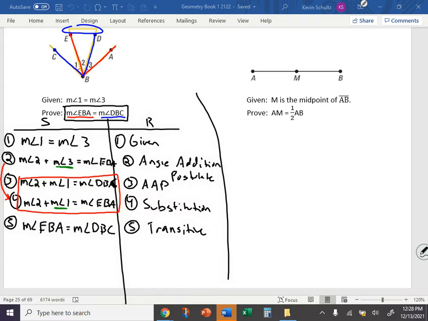Given that M is the midpoint of segment AB, prove that AM is half the distance of AB. All right, let's start our chart. Statements, reasons. What do we do first? Step 1.